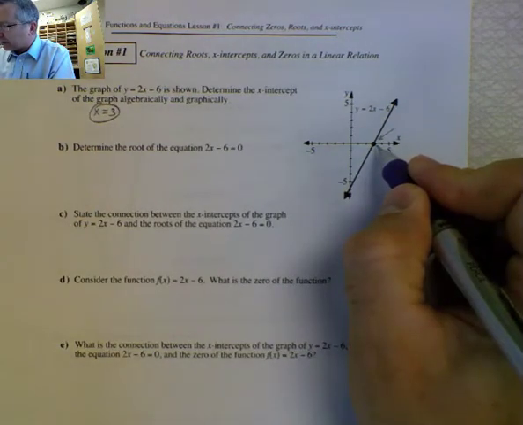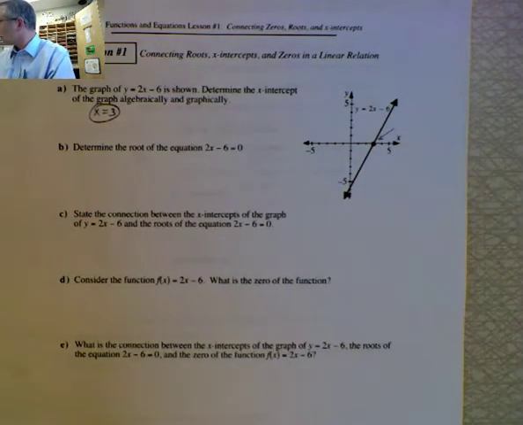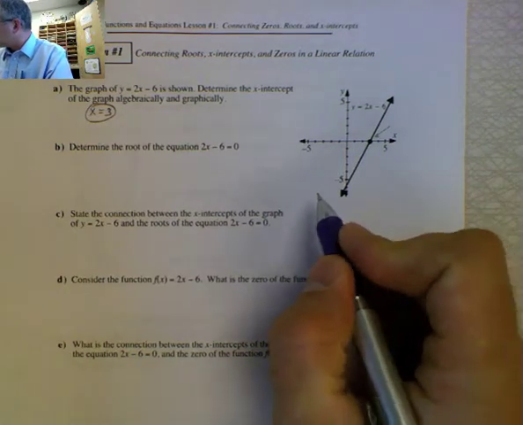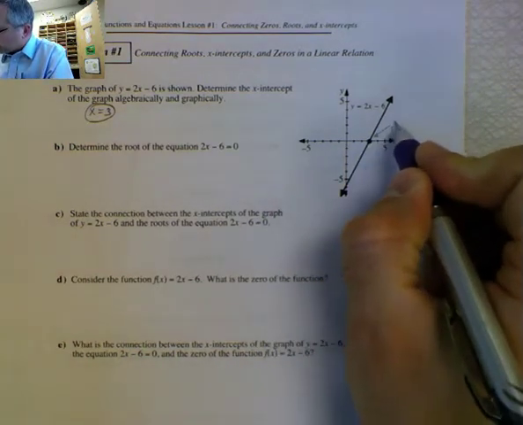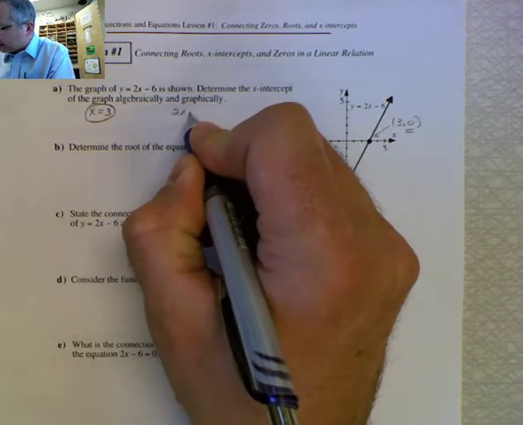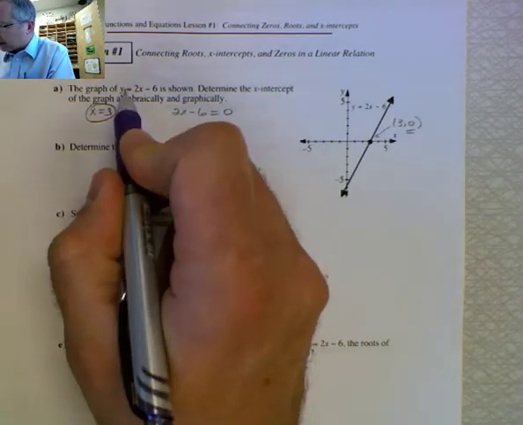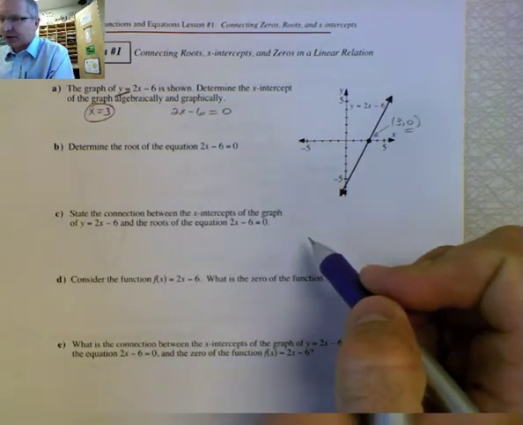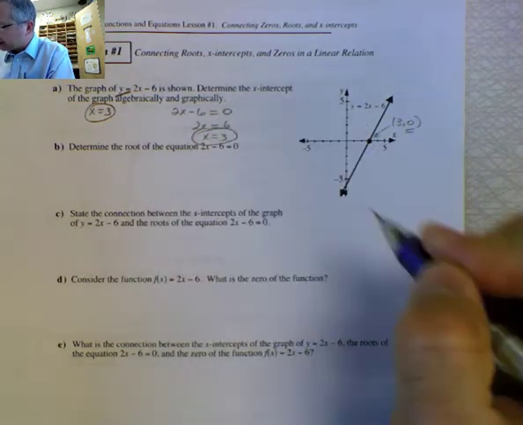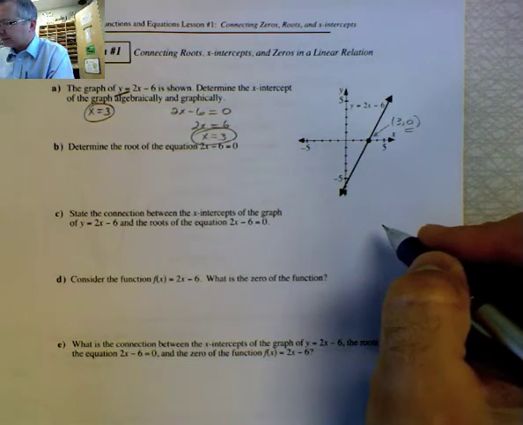How else do I find the x-intercept in this particular situation? Well, what's the y value when you have an x-intercept? The coordinate here is (3, 0), so the y value is 0. So when y is 0, replace y with 0, solve for x, and we also get x to be 3.